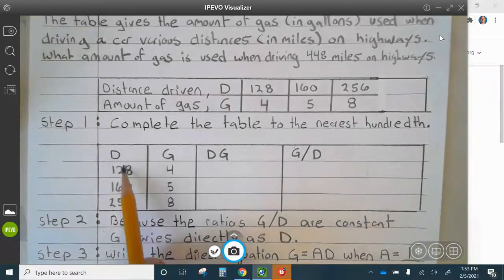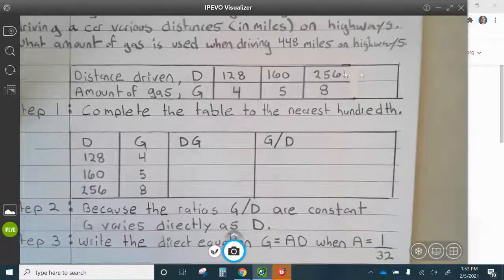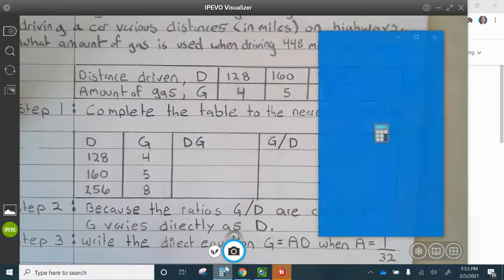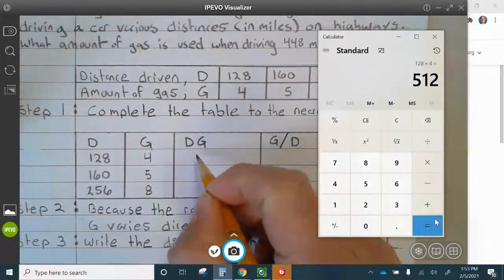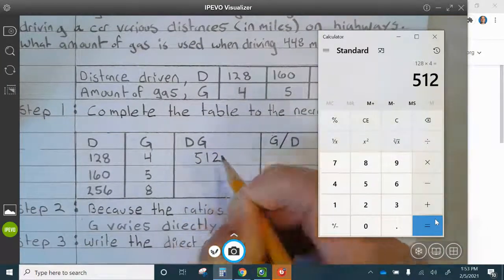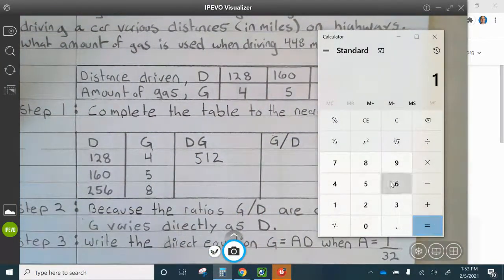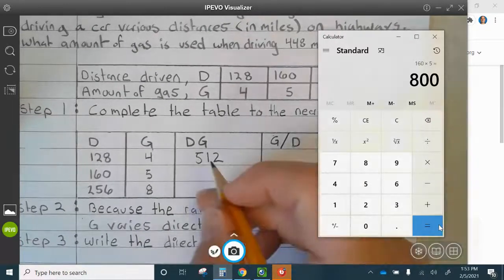Okay, so we do D times G. Okay, so let me pull up a calculator. So that's 128 times 4 is 512. Okay, 160 times 5 is 800.